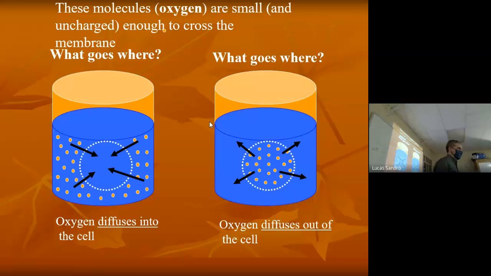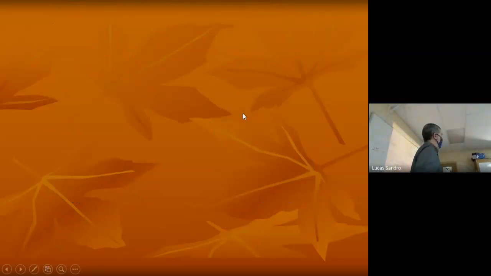Cool, because now we have to deal with something a little more complicated. We have to deal with what happens when stuff can't cross, when stuff is stuck on one side or the other. And the sort of counterintuitive thing that happens when stuff is stuck and can't cross a membrane is that the thing that can always cross does.